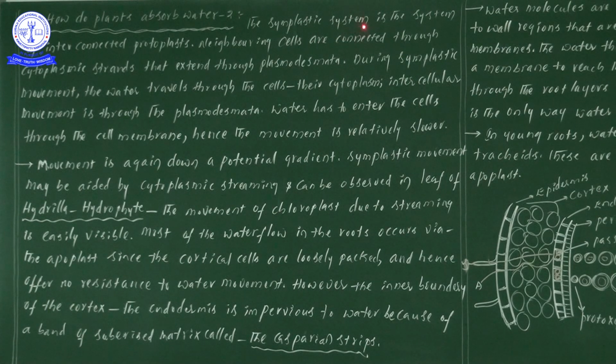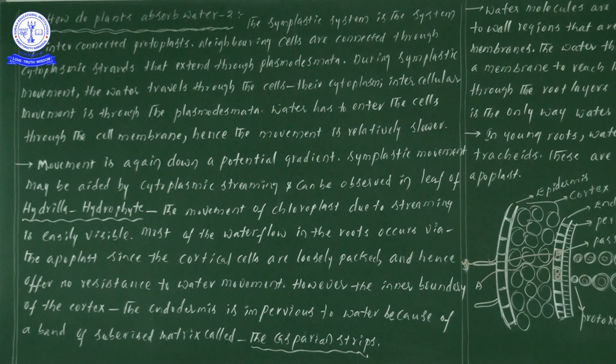Now the symplastic system is a system of interconnected protoplasts. When we talk about the symplastic pathway, we have to remember the diagram from the previous video.